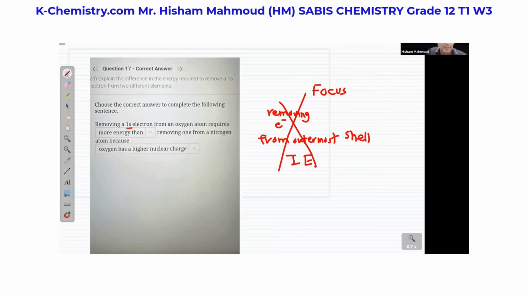He's taking the 1s. And 1s is not the outermost, it's not valency. This is core. So if he's talking about core electrons, take care and open your eyes. This is valency, and valency is not what I'm asking for. I'm talking about core electrons.